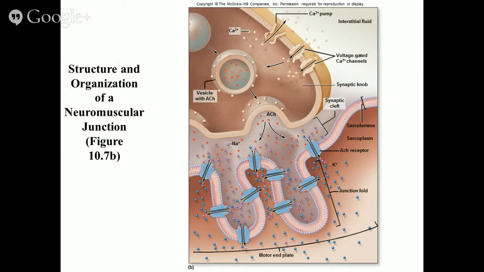I repeat, the electric current from the synaptic knob never crosses the synaptic cleft. Okay? Because it doesn't cross the synaptic cleft, that's why we have to release acetylcholine, the ACH, those little red dots, the neurotransmitters, because now they are going to act as our communications.